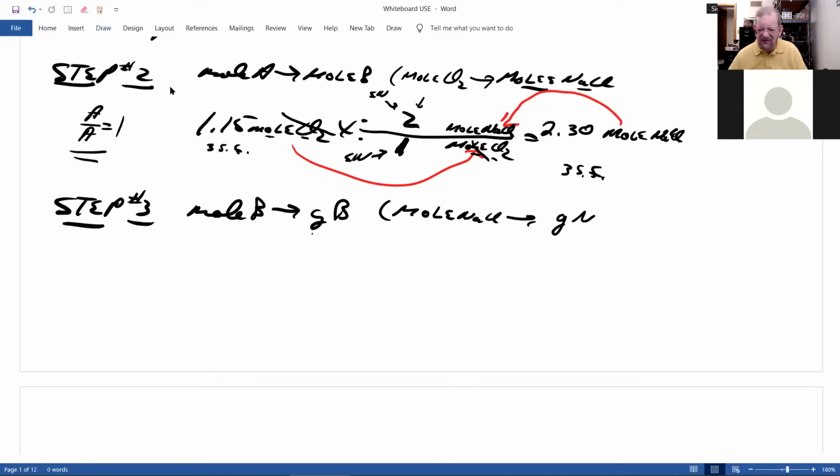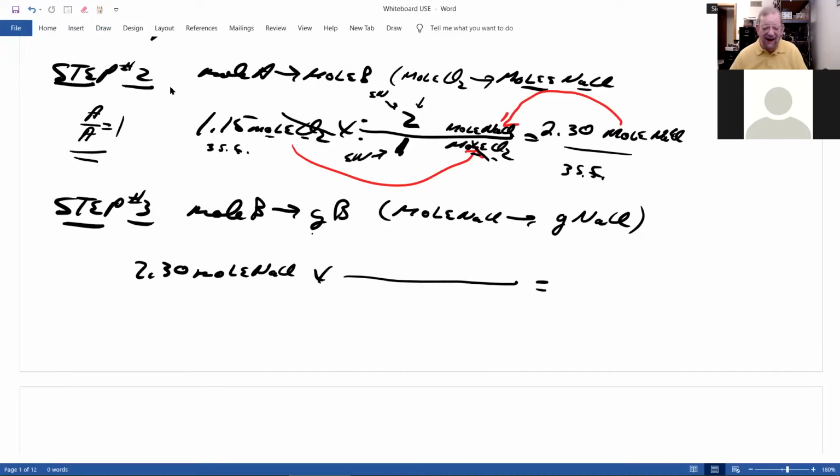2 moles of sodium chloride to grams of sodium chloride. And how do we do that? Well, we have moles of sodium chloride right up here, so I'm going to use it here. And now, what am I trying to get to? Grams of sodium chloride.